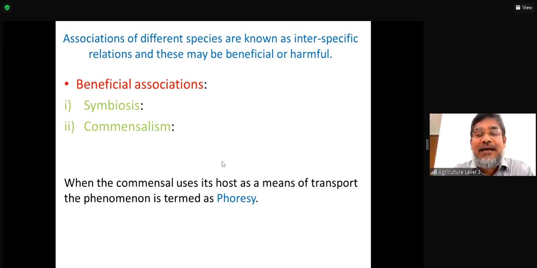It takes food from the plant, and after some physiological changes, the food is transformed into a honeydew-like substance. That honeydew is secreted by the aphid. When it is secreted, the ants take this honeydew as food. This is called symbiosis.